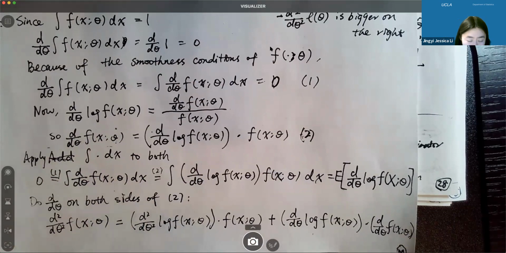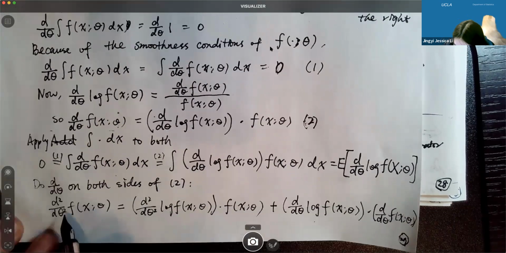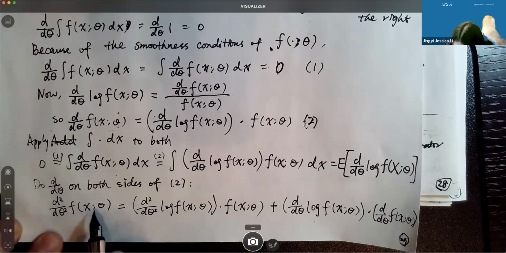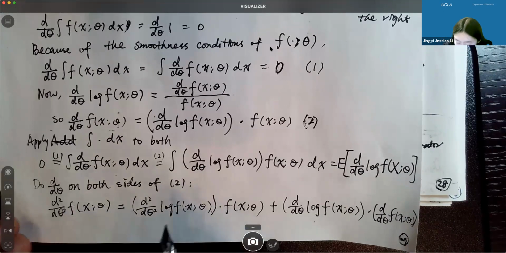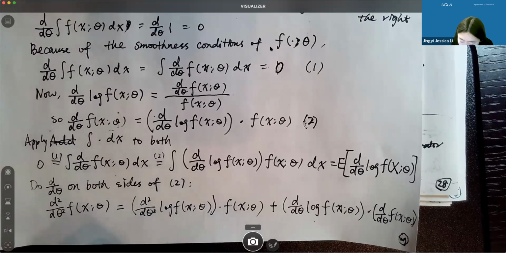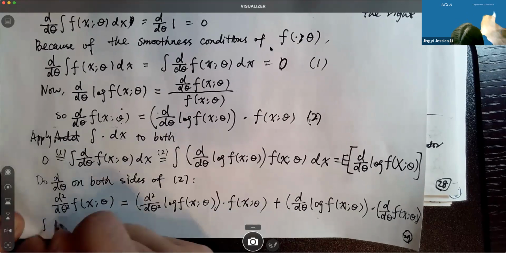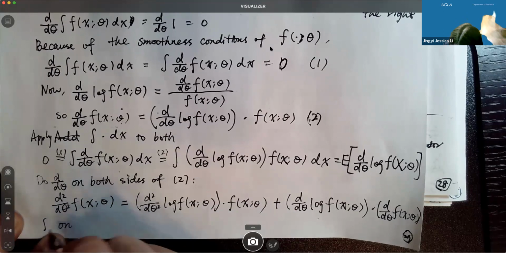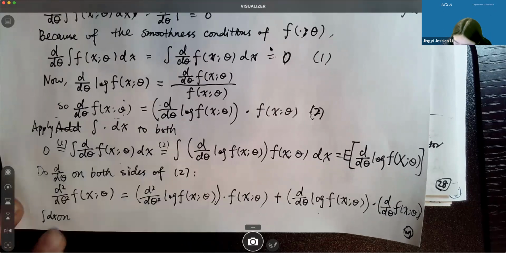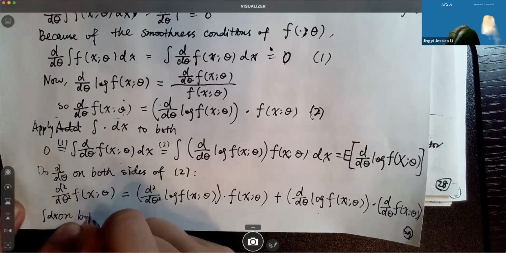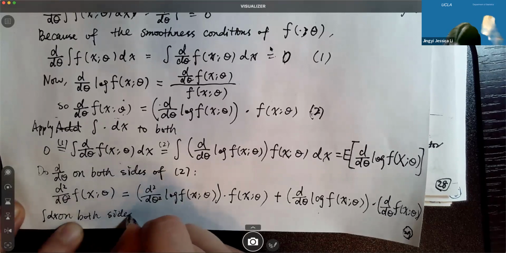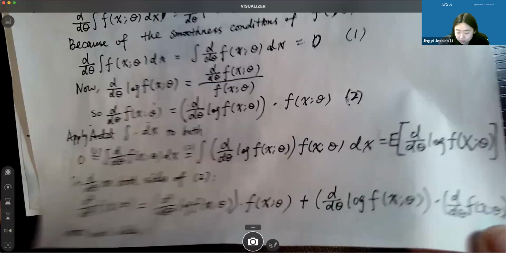What I want to say is that now if we do the integration of x on both sides, integration dx on both sides, let's see what we have.